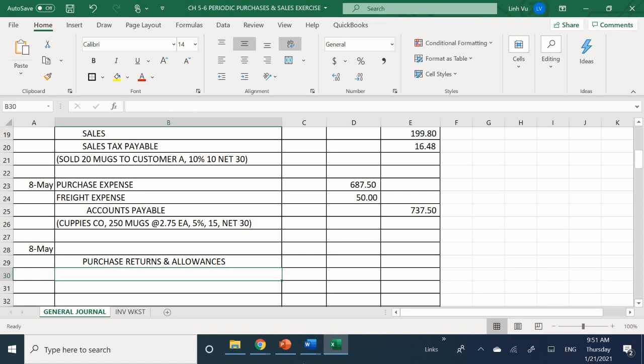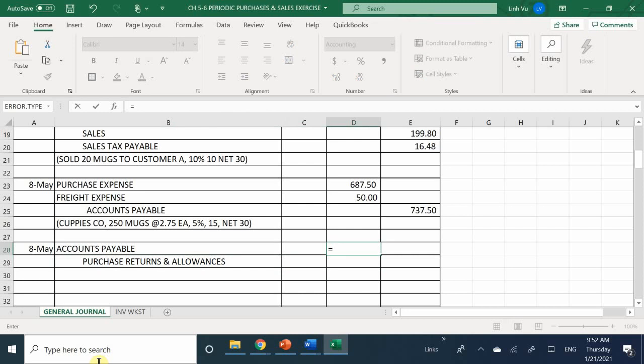Accounts payable, because that's how we originally paid for the items. Because we're getting a discount on it, we have to decrease the amount that we owe to this person. So accounts payable. Good. All right, and we already solved for it. It was $20.63.